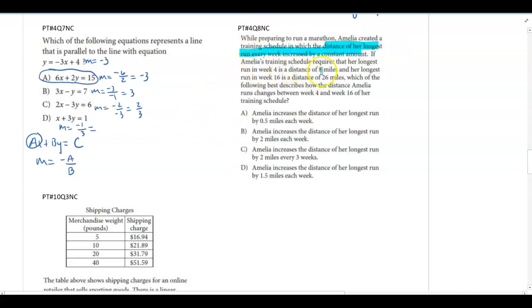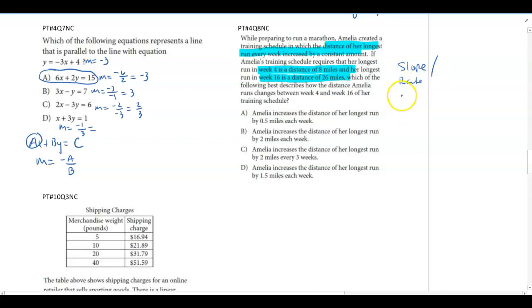If Amelia's training schedule requires that her longest run in week 4 is a distance of 8 miles, and the longest run in week 16 is 26 miles, which of the following describes how the distance Amelia runs changes between week 4 and week 6? So basically, we are looking for the slope or rate of change.